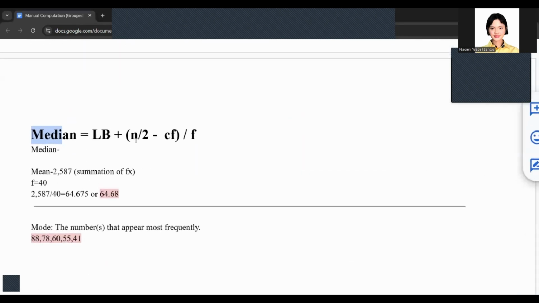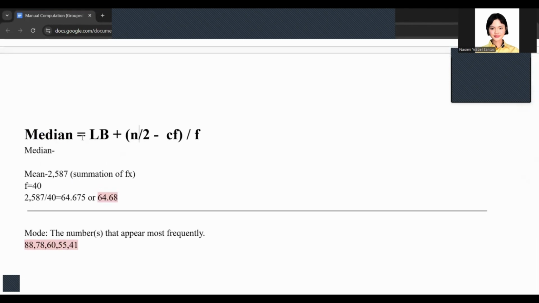So we have median is equal to LB, or lower boundary, plus open and close parenthesis, n divided by 2 minus CF, divided by f, for our frequency.